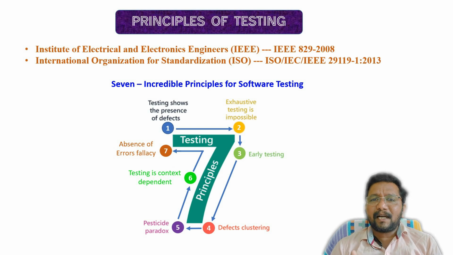We cannot assure like that. Even though the entire developed project is tested, there may be a chance of defects, 1 or 2 defects at least. So that's why absence of errors fallacy. That means what? We can assure only that we are delivering the project with fewer errors and defects. That's it. Okay, these are the important 7 principles of software testing.